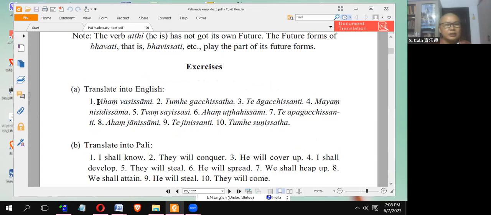Anybody want to do this? This means that from this one, we make it into six of them. From vasisati, you change it until vasisami. Anybody want to try? Those who did not raise hand before. Sally, can I try this one?